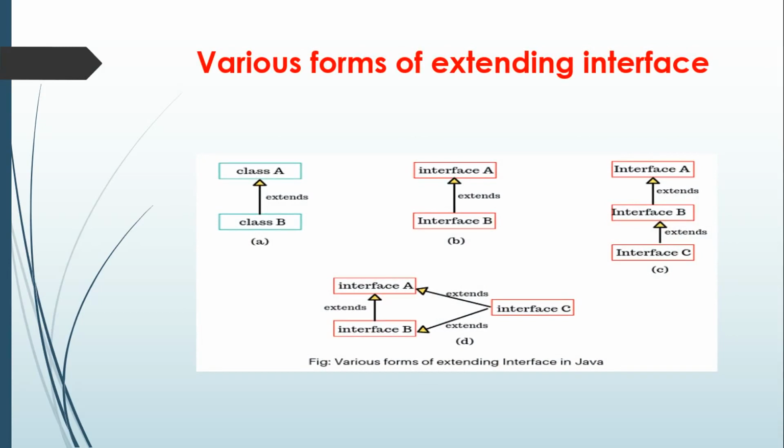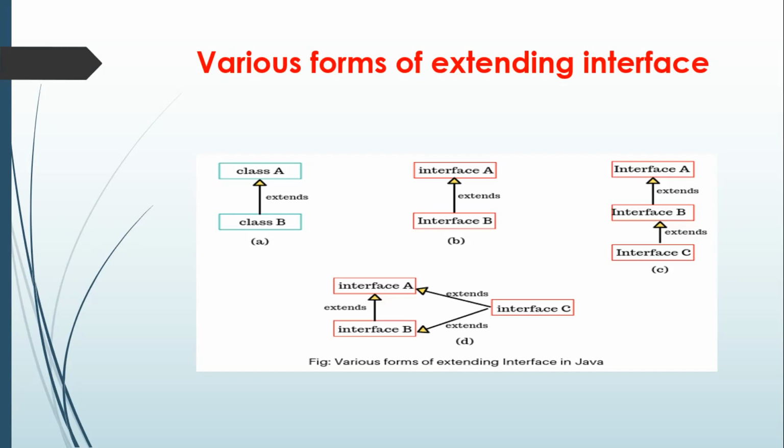Let's discuss the various forms of extending an interface. Just like a class extends a class, similarly an interface extends an interface. An interface can extend multiple interfaces as well.